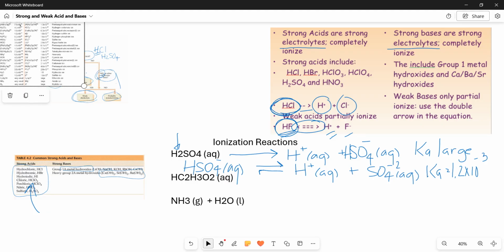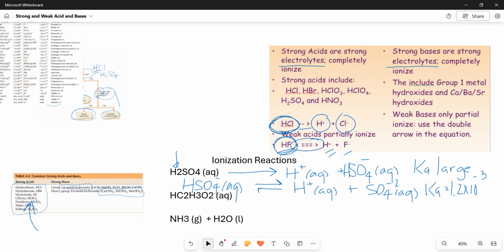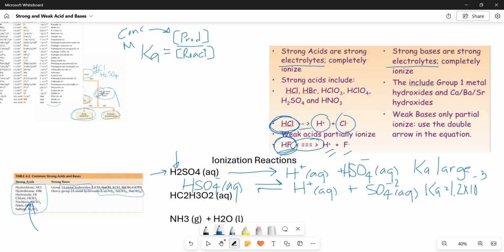So Ka is calculated by values of concentration in the equation. The Ka is going to be the concentration of the products of the acid over the concentration of the reactant of the acid in the equation. These little brackets here are concentration in molarity.